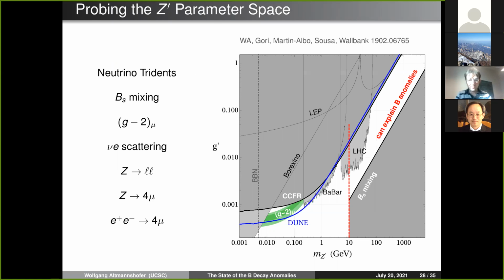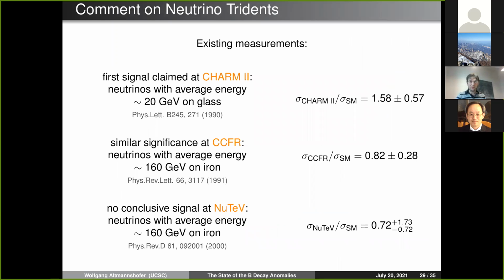I wanted to make a few comments about this neutrino trident process, and there exist measurements of this process. So we have a mu neutrino beam which scatters on a nucleus and produces a mu plus mu minus pair, and measurements by the experiments CHARM-II, CCFR, and also by NuTeV have been performed in the past.